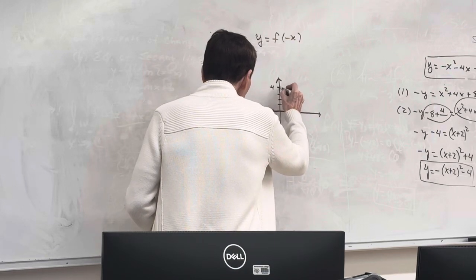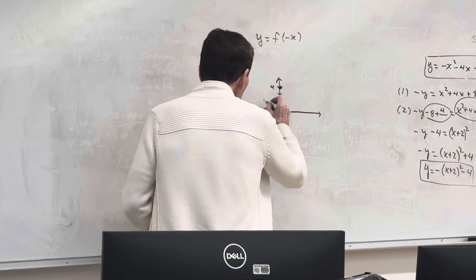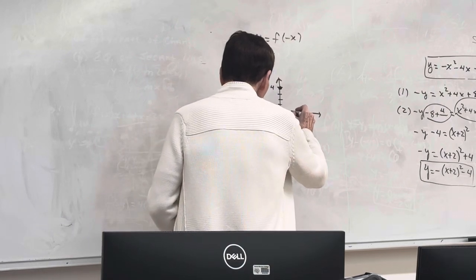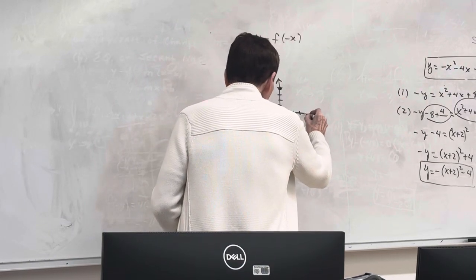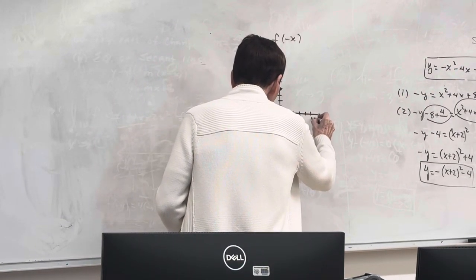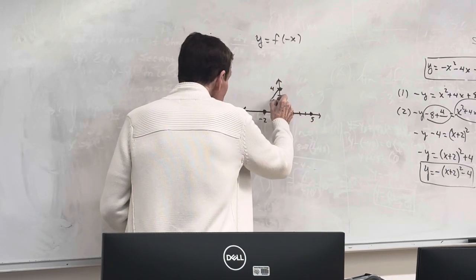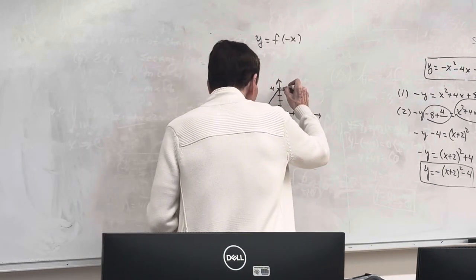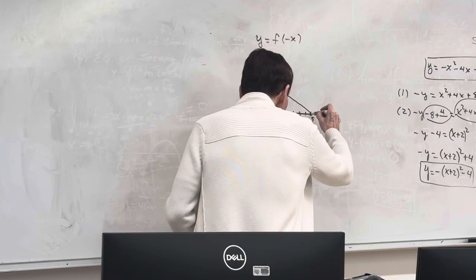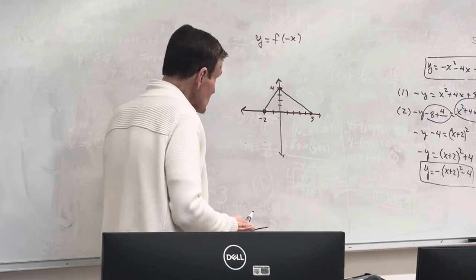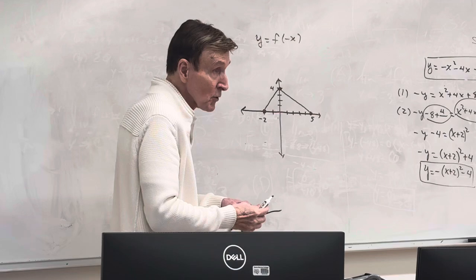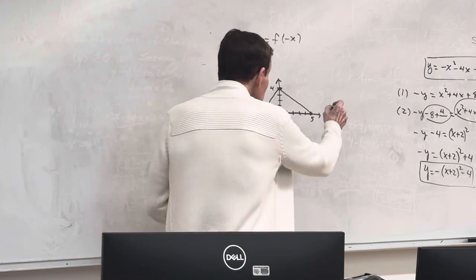I'm just creating this right quickly. Let's go out to 5 here. Connect. Quick illustration. It looks something like that, which is what passes the vertical line test. Now that's my original graph of functions.